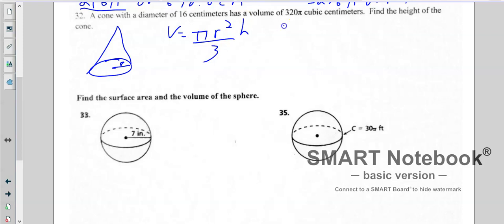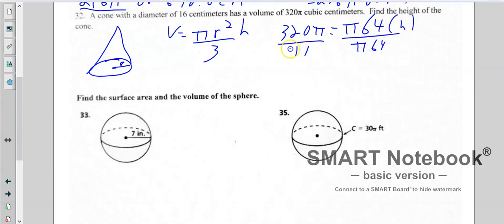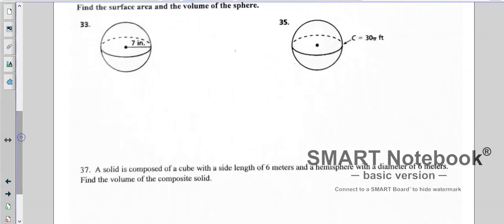So we just plug in what we have. 320 pi equals pi, 8 squared is 64, and we don't know our height. We're trying to find the height, so we're going to divide by pi and 64 on both sides. Pi's cancel. So 320 divided by 64 means our height is 15 centimeters. That's the nice thing about having answers in terms of pi. They just cancel in those kind of problems.